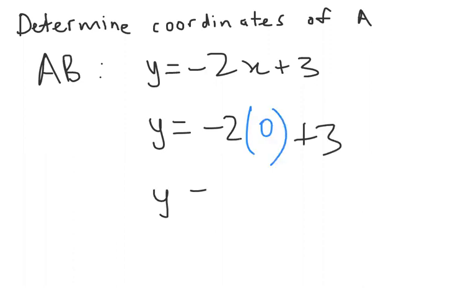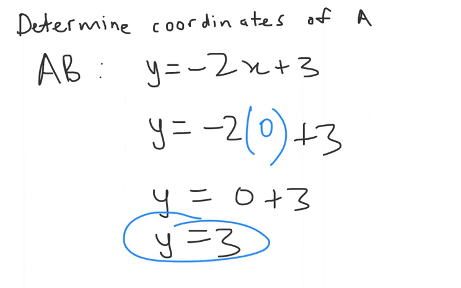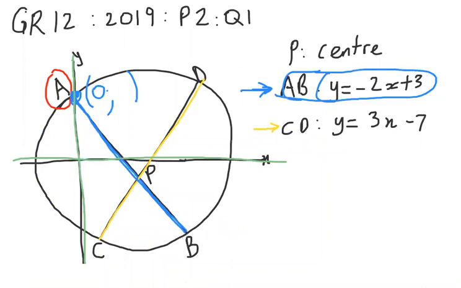So y will equal 0 plus 3. So y will equal 3. We have this 3, and remember we have the 0 as well. So 0 and 3 will be the point A. We go back to the sum, and that will be 3.